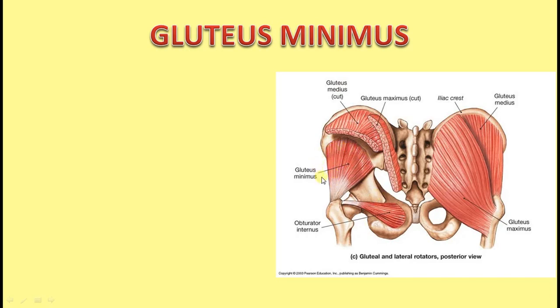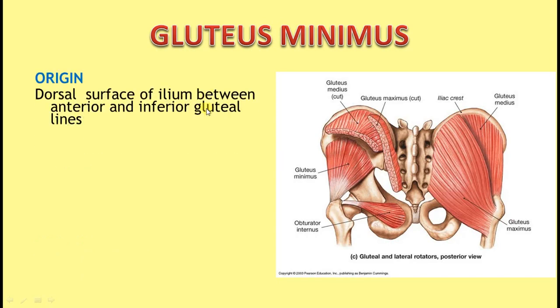The gluteus minimus muscle arises from the anterior and inferior gluteal lines. Between the anterior and inferior gluteal lines you see the gluteus minimus muscle. The whole extent, up to the margins of the greater sciatic notch, is where the gluteus minimus arises.